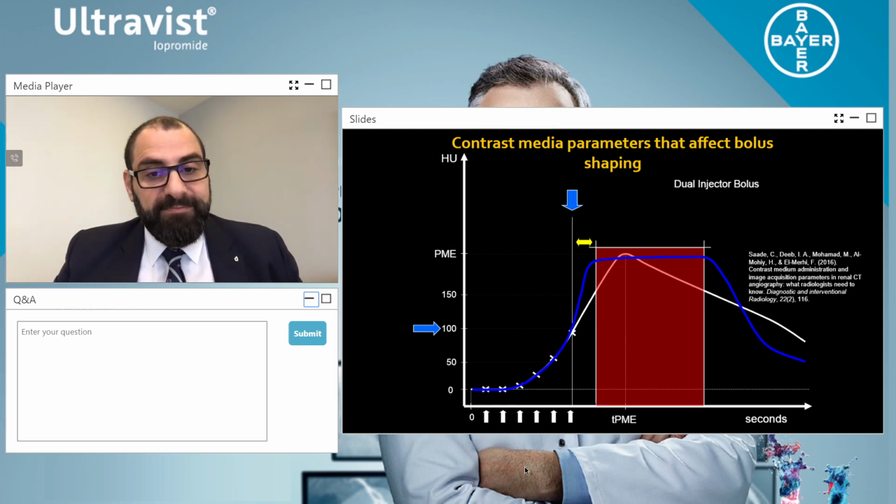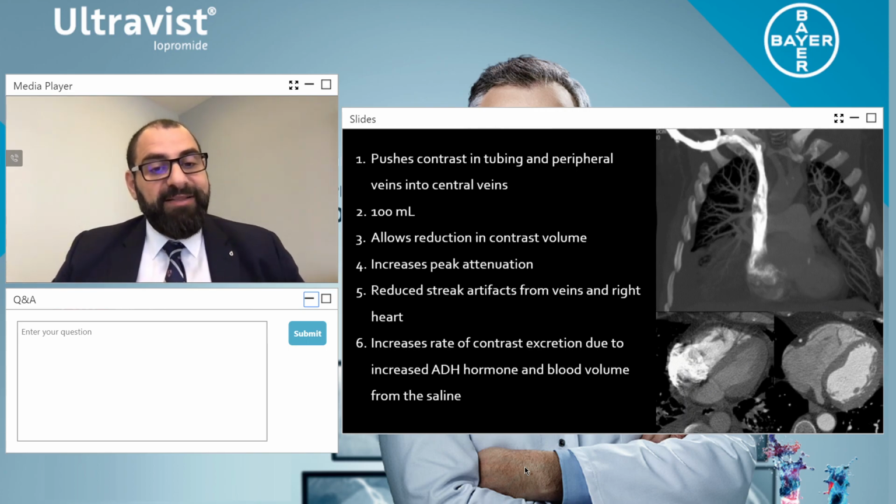So by using saline, there are 6 key factors that we need to consider. 1, we push contrast by pushing the contrast through the subclavian vein to make sure it doesn't stop. 2, I always use 100 mils of saline. The only time we never use saline is when a patient has left-sided heart failure or chronic cardiac failure, or if a patient has pulmonary edema.